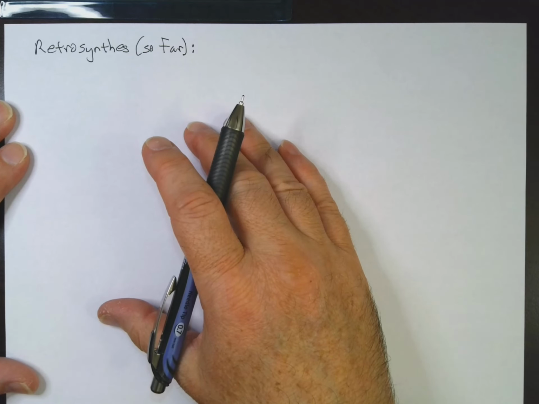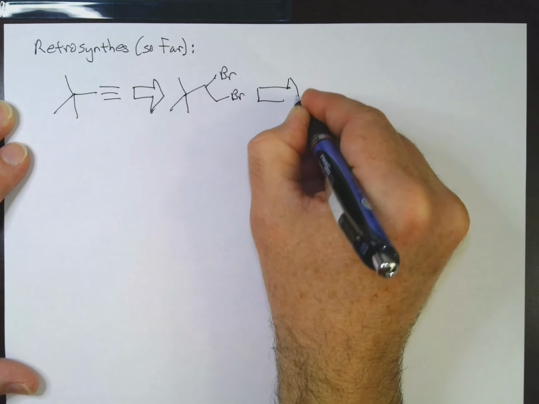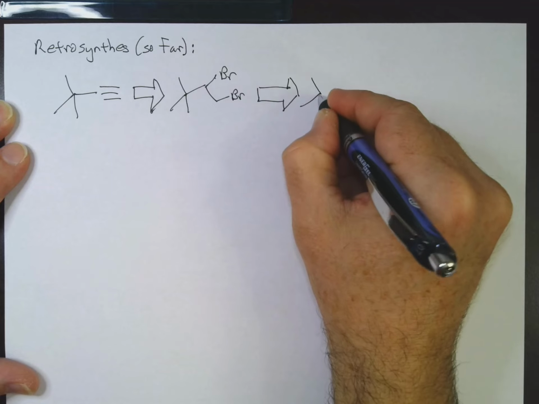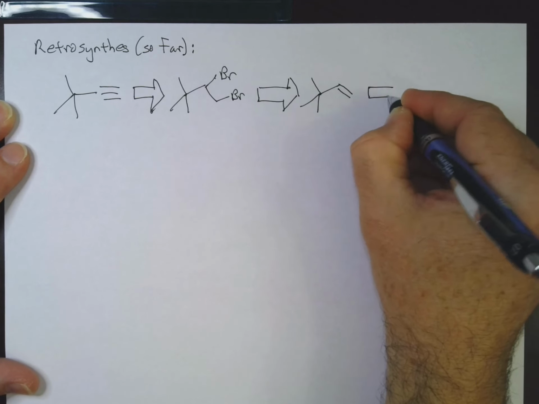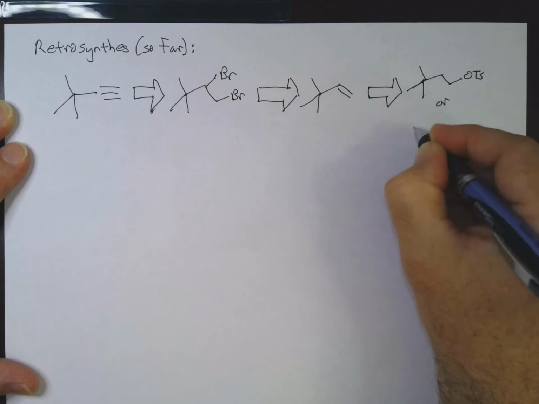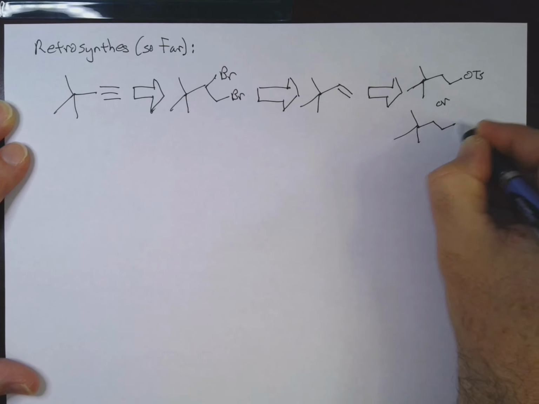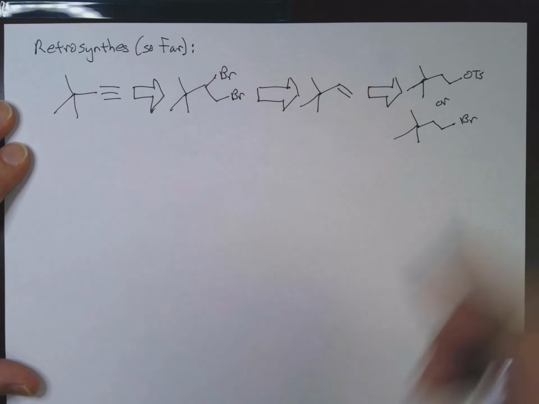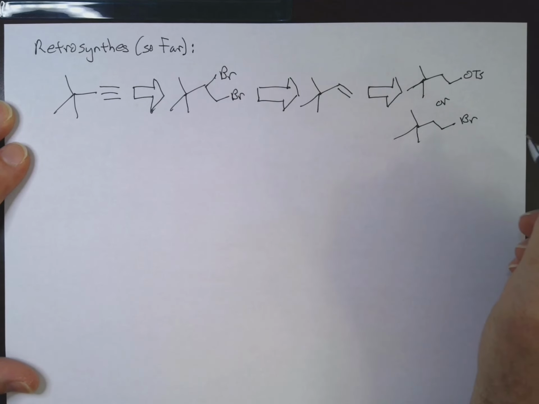So let's look at our retrosynthesis so far. When you write it out, it wouldn't be one step at a time like we did here. You'd end up writing it all out. Now, can we make a tosylate or a bromine from the alcohol?